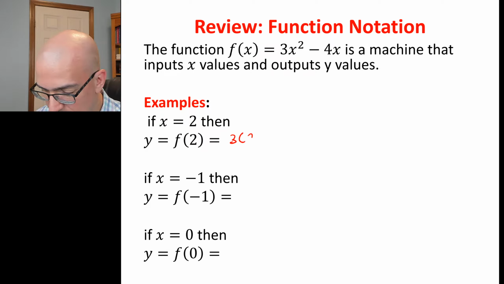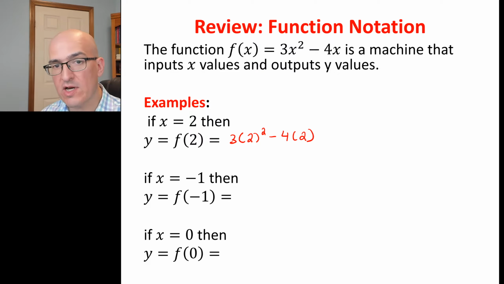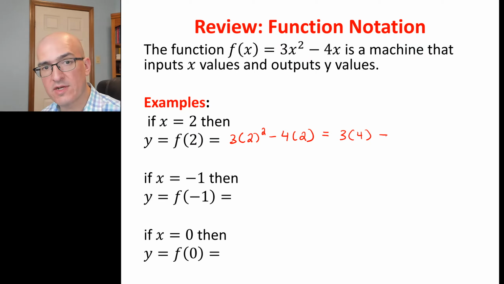So 3 times 2 squared minus 4 times 2. You have to be careful with order of operations. The exponentiation is done before the multiplication, so 3 times 4. And the multiplication is done before the subtraction, so 4 times 2, 8. We have 12 minus 8, which is 4.